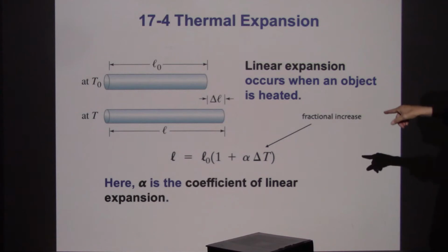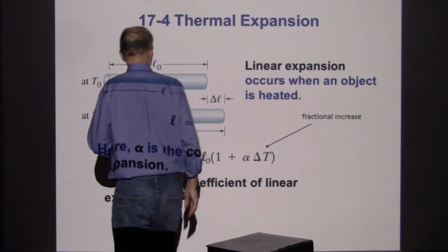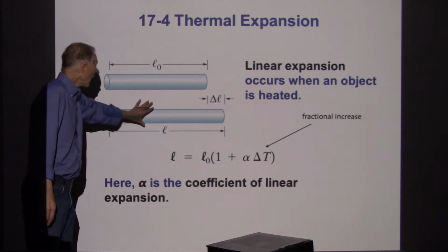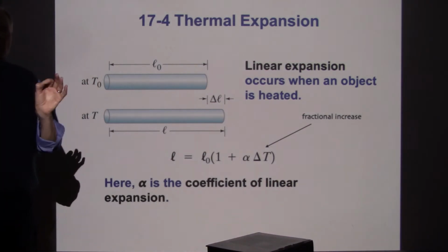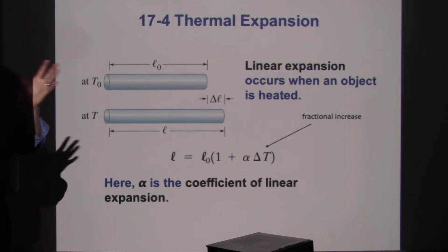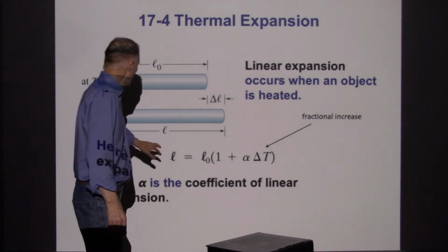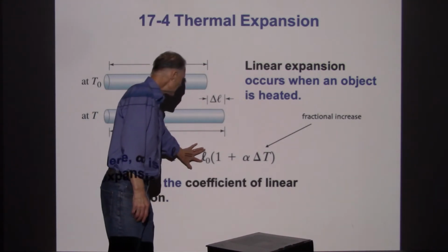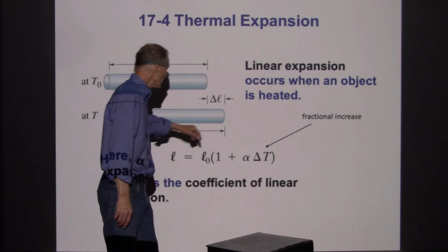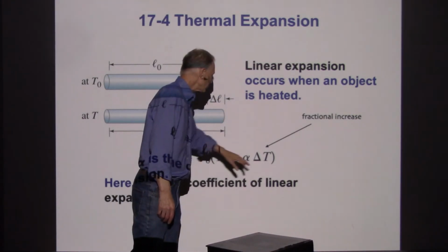Now when we say linear, it means we're only looking in one dimension. As we said, this certainly applies in all three dimensions, but often we can set the problem up so we can just look at one dimension, and that's all we need, and it will tell us what's going on in the other dimensions. So in this case, the length in whatever dimension we decide to measure will be the original reference length times 1 plus some sort of fractional increase.